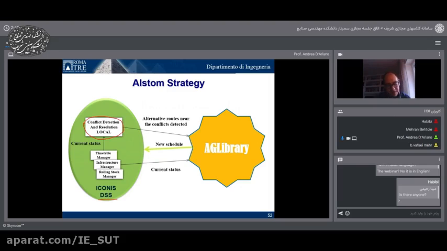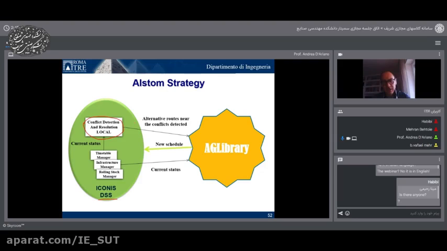When the disturbances were increasing, which was also the case that was most needed, the local decision support was not working and was not finding any feasible solution. So they said, okay, let's try to replace the local solver with AG library, which is a more global solver.